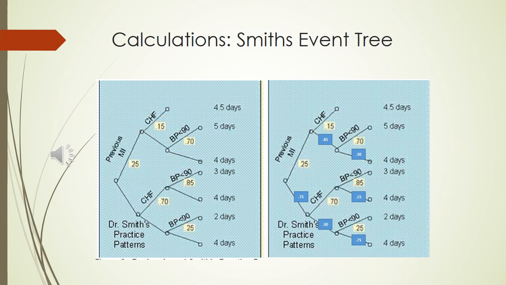If we take the branch that says CHF, there's a probability of 0.15. To calculate the opposing branch, we just do 1 minus 0.15, which is 0.85. The same can be done for all opposing branches, and you can see that they're all calculated in the next figure to the right.